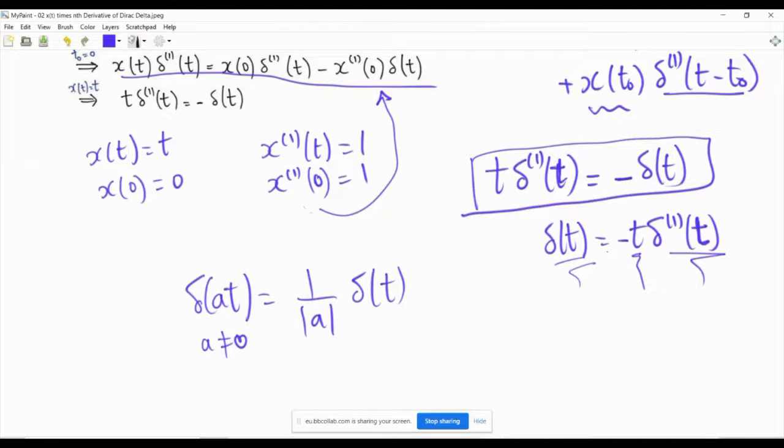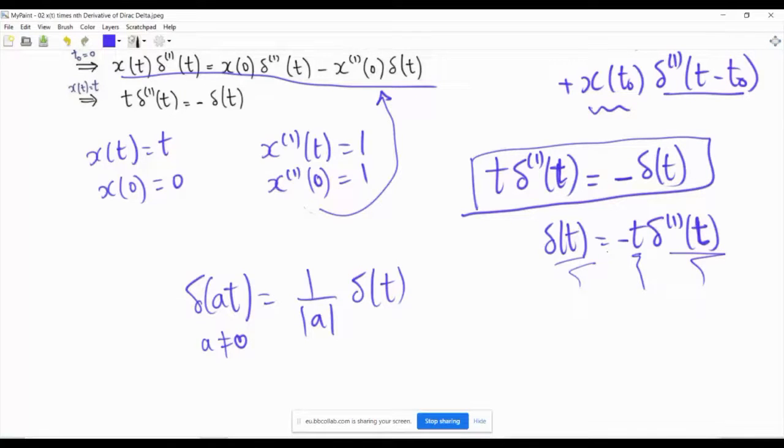The nth derivative of the Dirac delta will allow us to compute difficult Fourier transforms that are not defined classically. What if you want to take the Fourier transform of a polynomial in t? What if your x of t is some polynomial, 5t to the power 7 plus 17t squared plus 7?